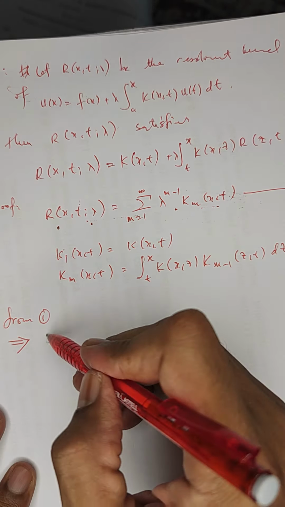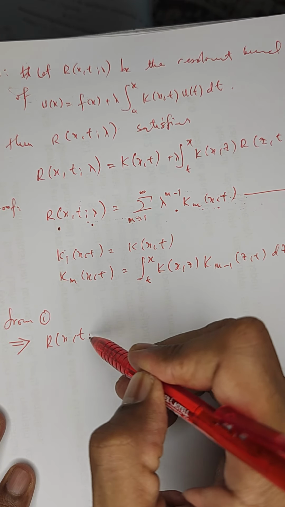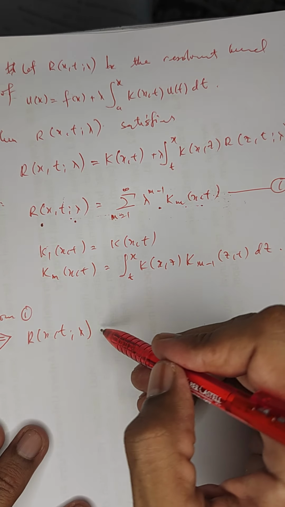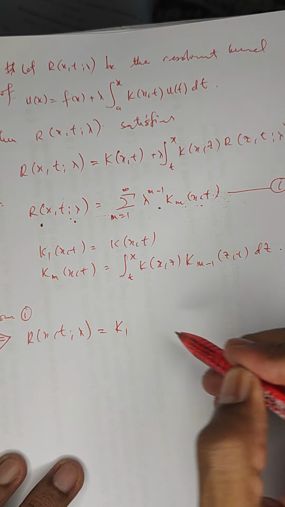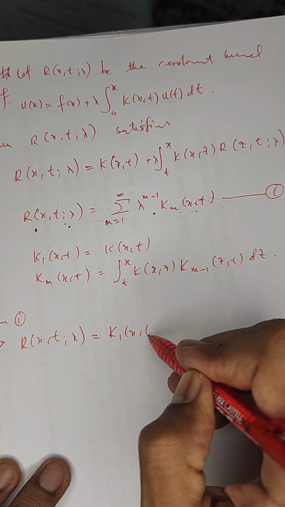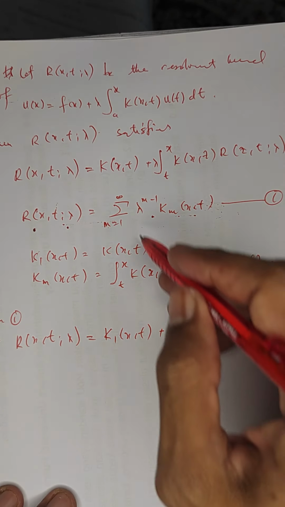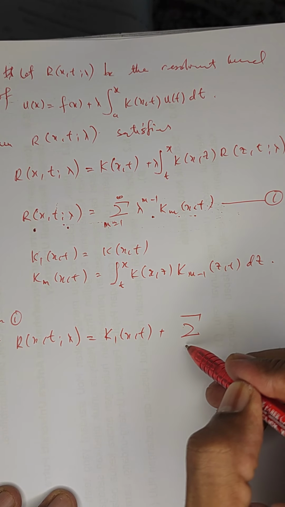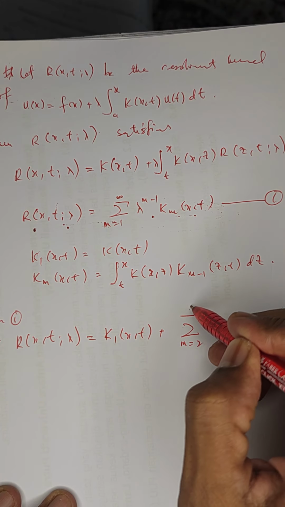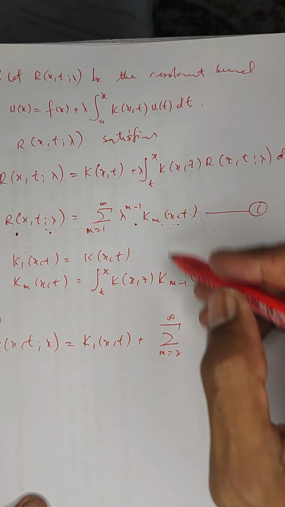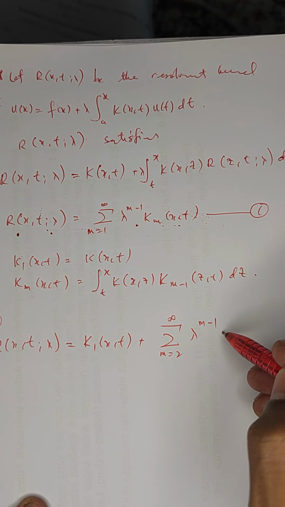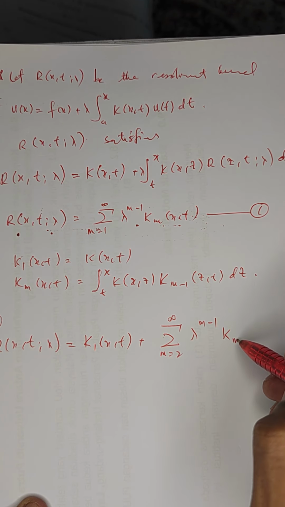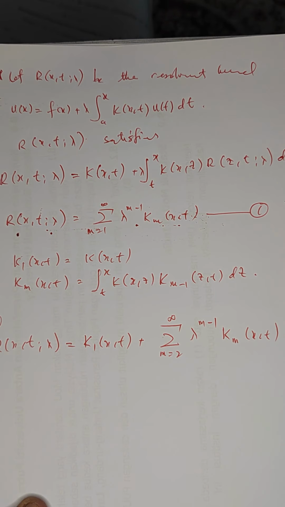we can write R(x,t;lambda) as, taking out one term, K_1(x,t) plus the sum from m equals 2 to infinity of lambda^(m-1) K_m(x,t).